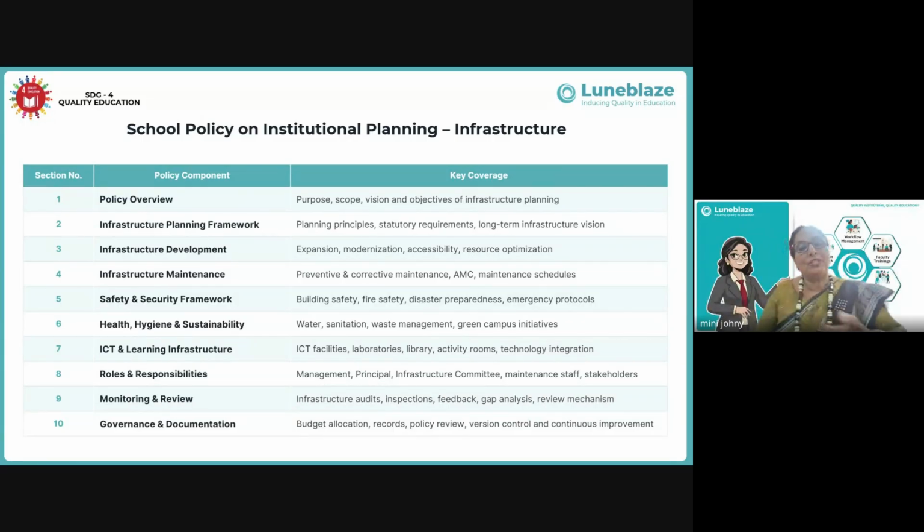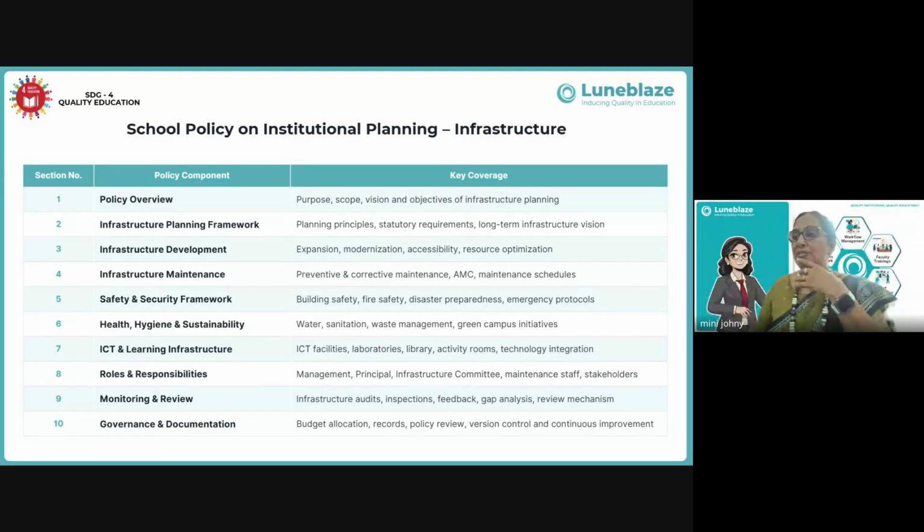So the purpose, scope, vision, and objectives of infrastructure planning: the first purpose is to ensure safe and sustainable facilities that support teaching and learning. So safe, functional, and sustainable facilities. And what is the scope for this?